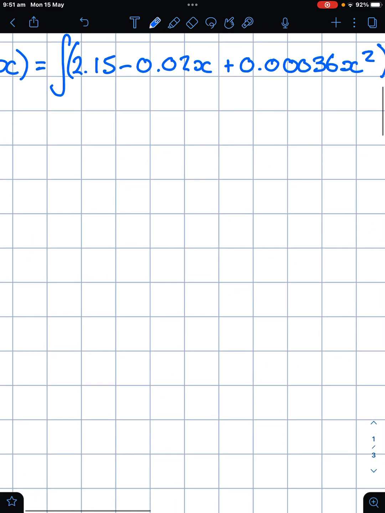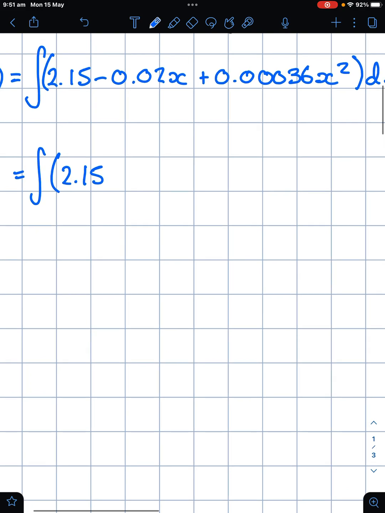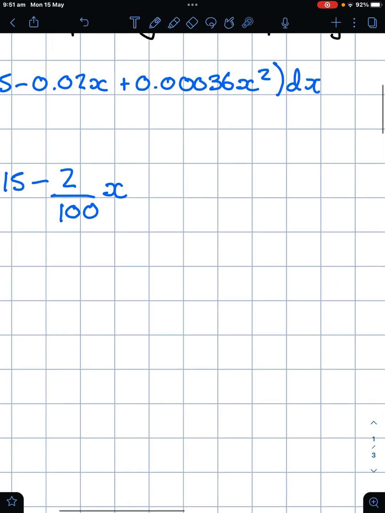Now, this is up to you, and I'm leaving it as a preference, but I prefer writing things in fractions as opposed to decimals. I think decimals leave you in a space where you can make a mistake. So 2.15 minus 2 over 100 X, and then 36 over 100,000.